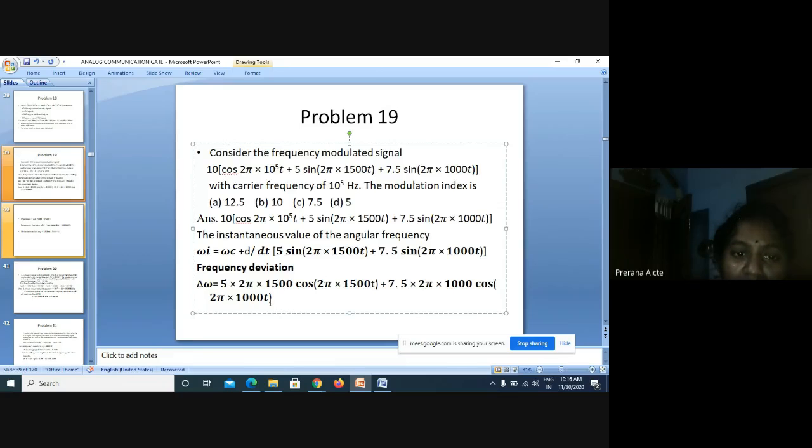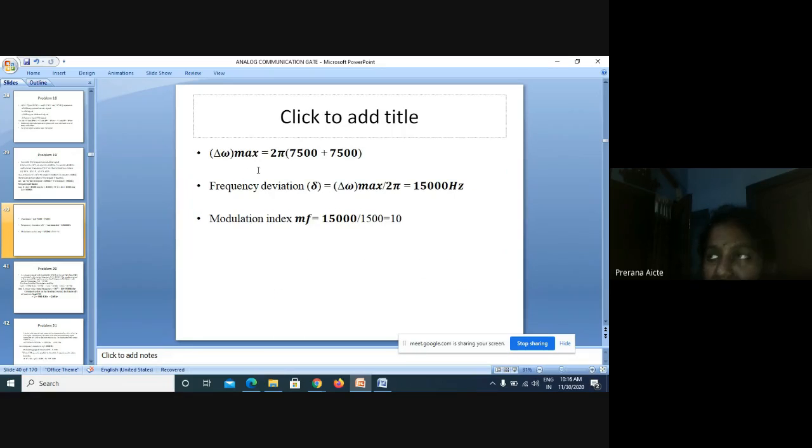When we find the maximum value, what is the maximum value of cos? Nothing but 1. So delta omega max equals 2 pi into 7500 plus 7500. In terms of frequency deviation, del f will be equal to del omega max by 2 pi, so we'll get it as 15000 hertz.